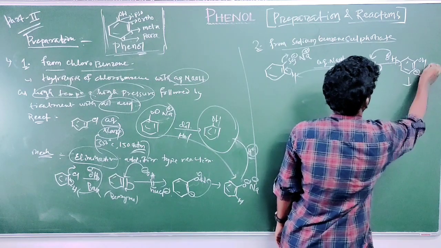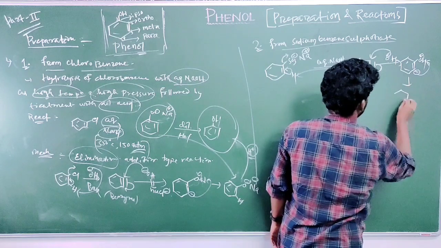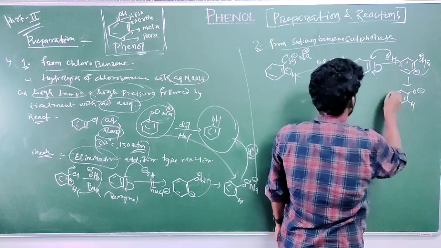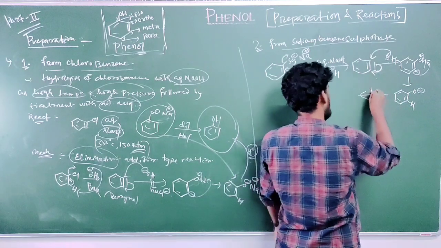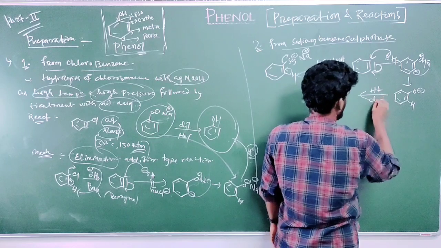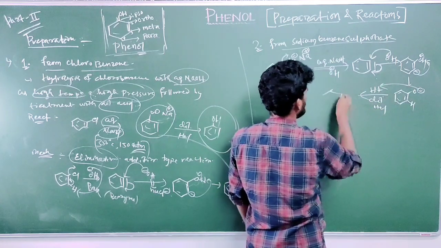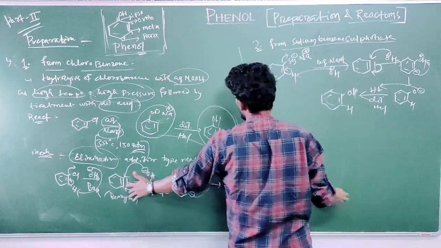In the next step, the carbanion takes the hydrogen from OH and the bond moves over to oxygen, forming O minus. If you treat this compound with dilute HCl, the H plus will be taken by O minus to form phenol. Similar mechanism to the previous one.